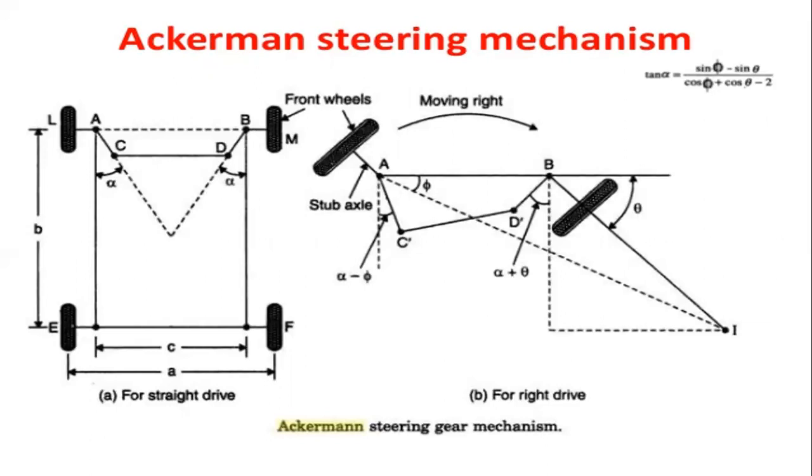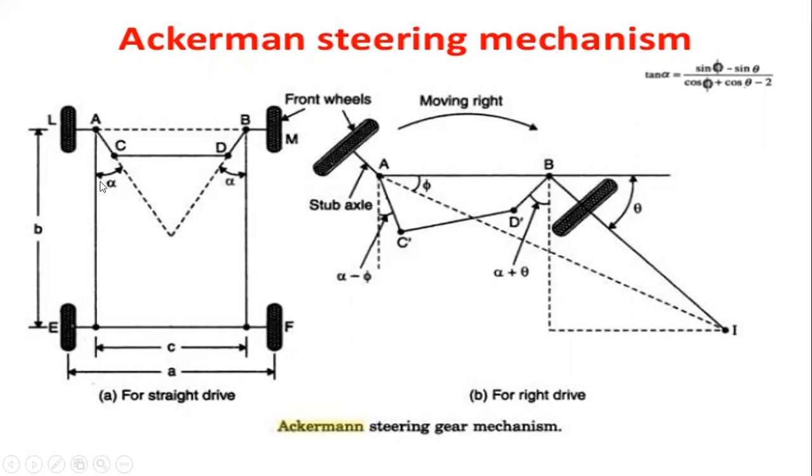The first one is the Ackermann's steering gear mechanism. In this mechanism, you can see the front axle with positions A and B. So AB is the front axle, and L and M are the two front wheels, which have stub axles.